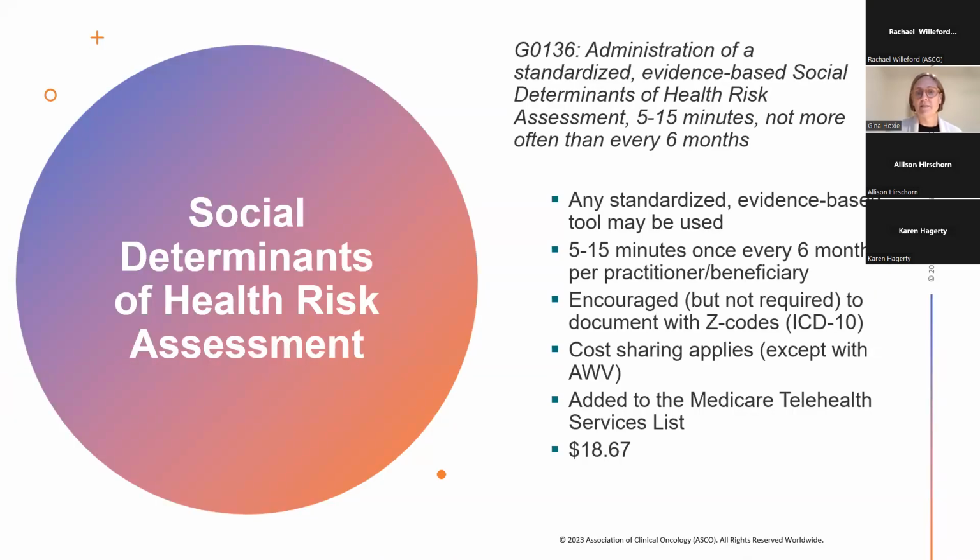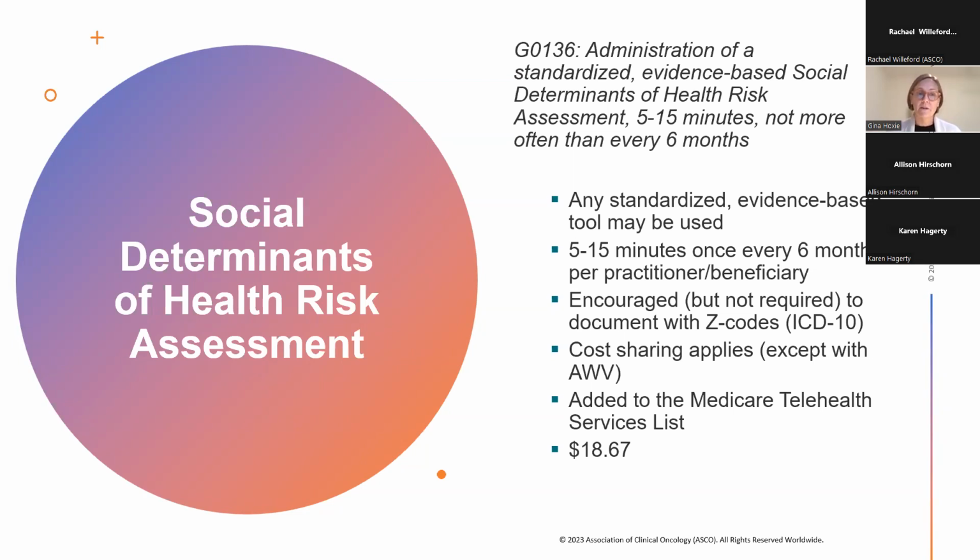Okay, CMS, the agency, is doing a lot to promote health equity and addressing health disparities. This is agency-wide, and all their programs, they're really putting an effort on how to improve health equity.